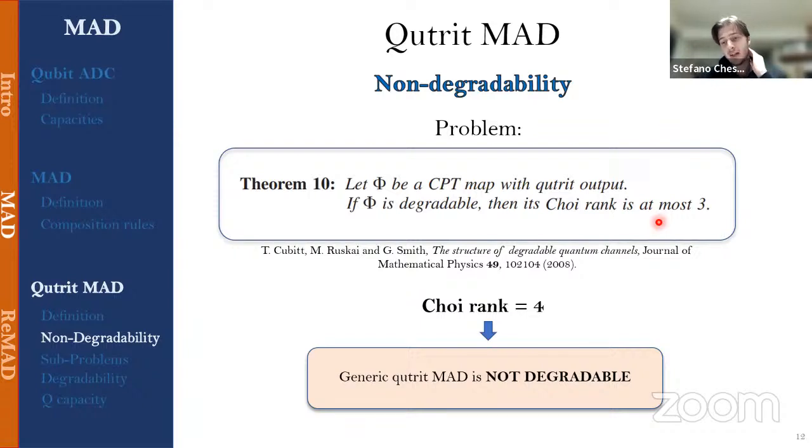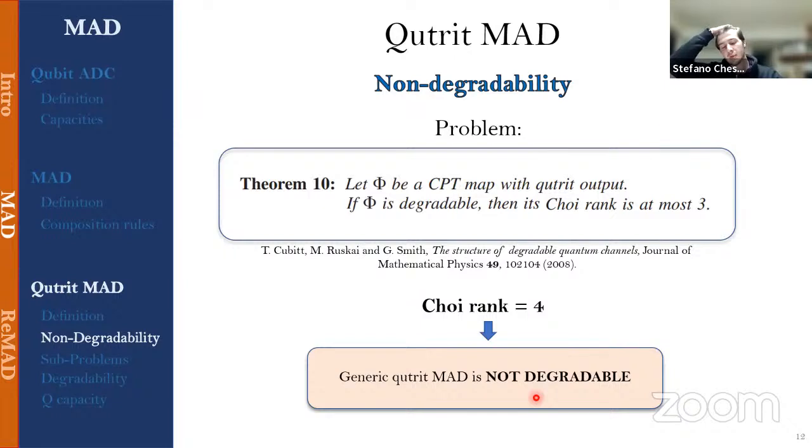But since the Choi rank is equal to the minimal number of Kraus operators that our channel needs, and in our case, as we saw before, is 4, we already know that for a generic Q3 multi-level amplitude damping channel, we don't have degradability. We can prove that these channels are not degradable.